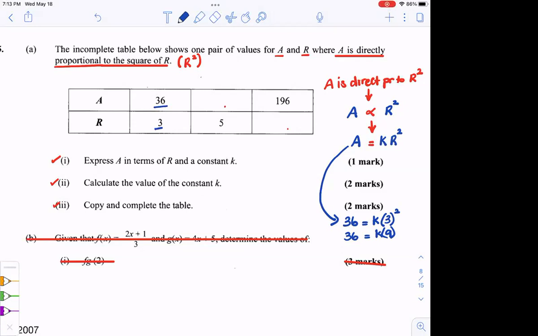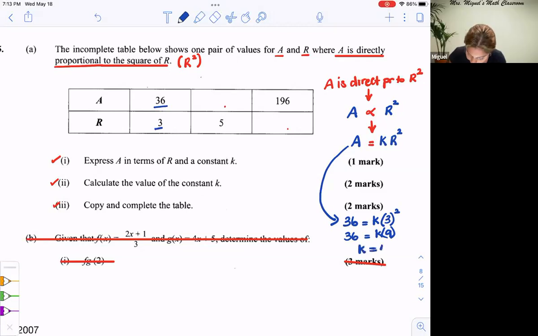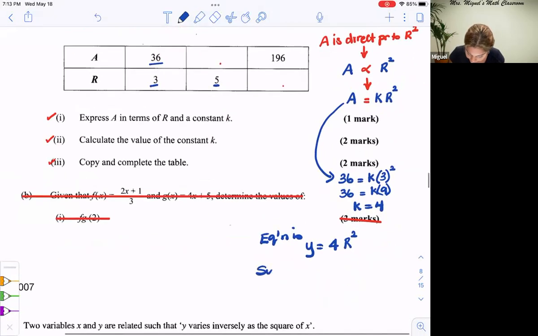Very good. k is equal to 4. So the equation is A equals 4R squared. Now, R is 5. So substitute R equal to 5. Work it out.